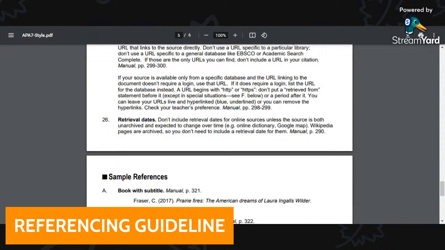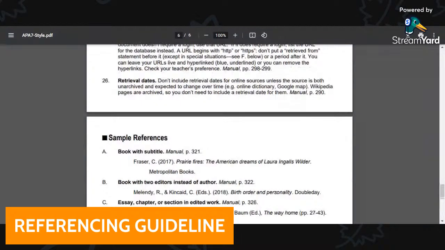Here are some sample references. I will put them down slowly so you can read them. The first one is a book with a subtitle.